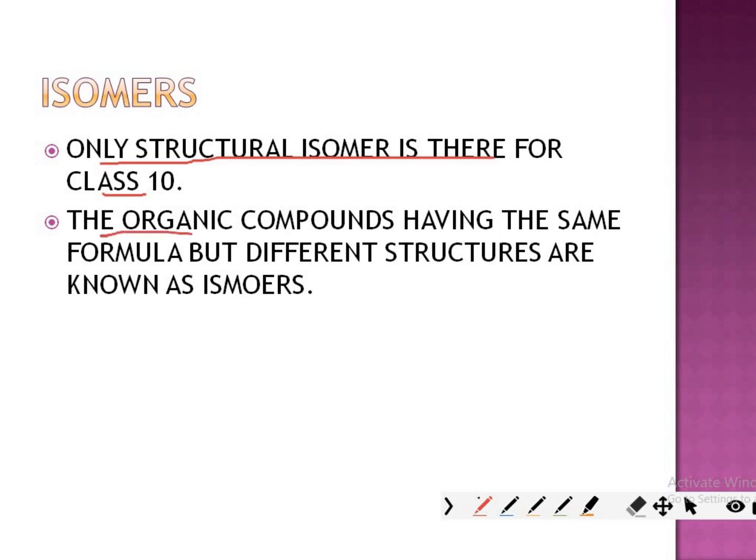Now let's see. Organic compounds having the same formula but different structure are known as isomers. Two different organic compounds having different structures, but the same formula.